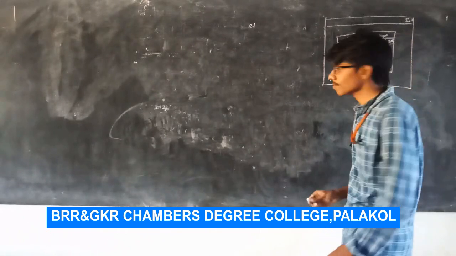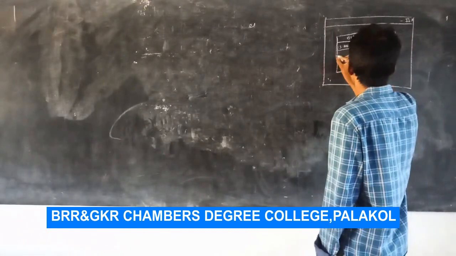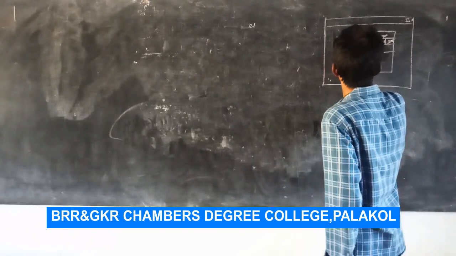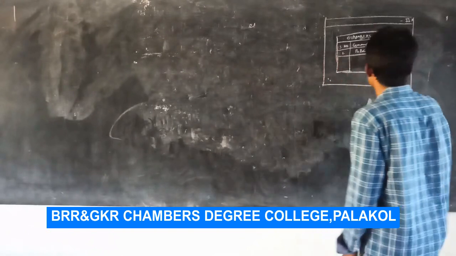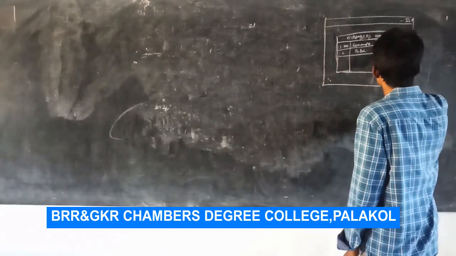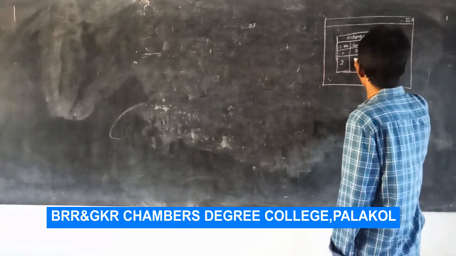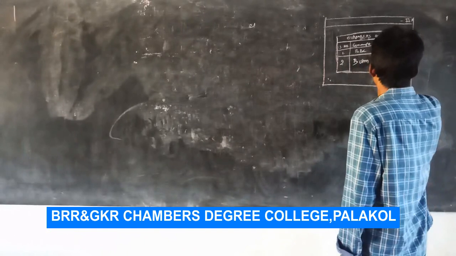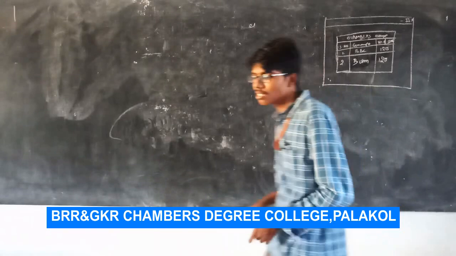For this, the table content is: 1, BSc, number of seats 120. Next is 2, BCom, number of seats 120. This is the information presented in the table.